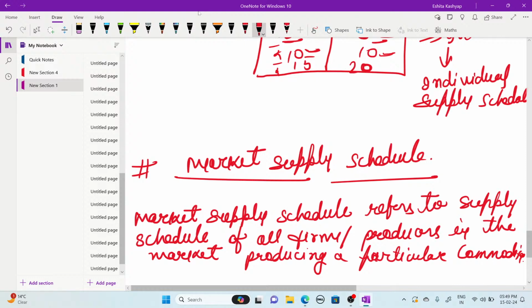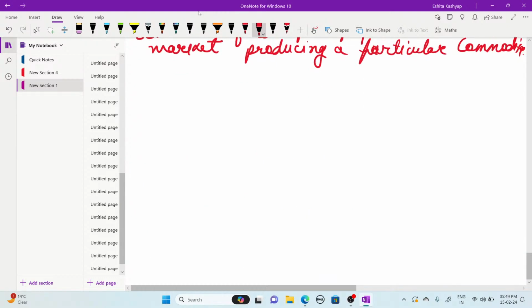Now, let us see what would be the shape of each individual supply schedule and market supply schedule, how these curves will look like. Talking about the graph, this is an individual supply schedule.